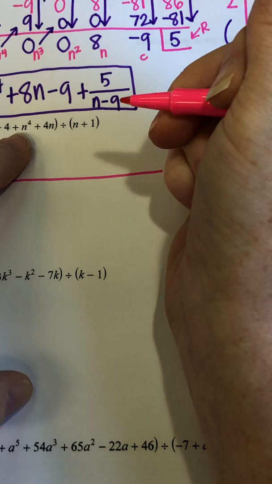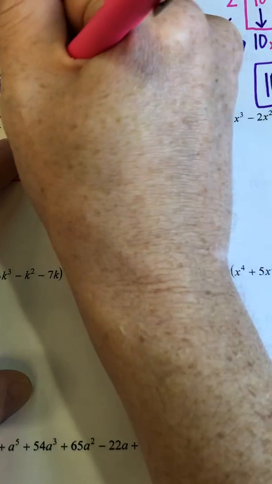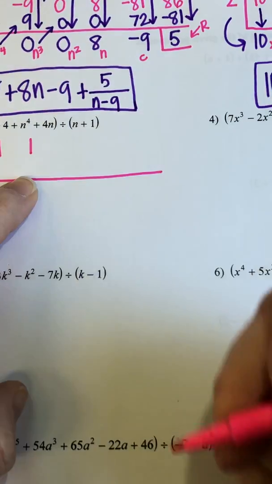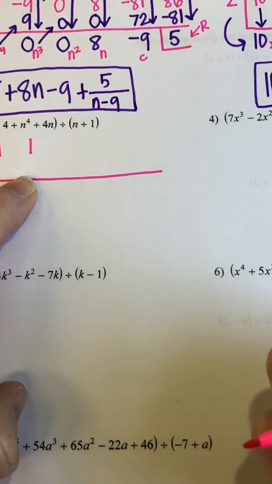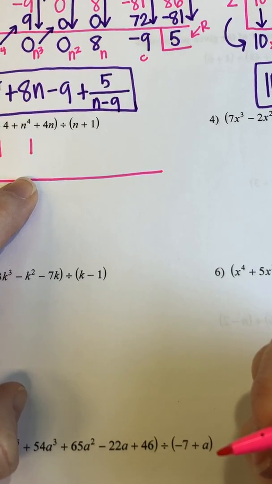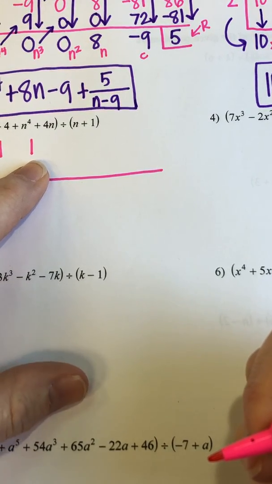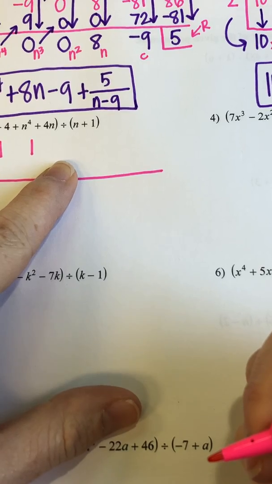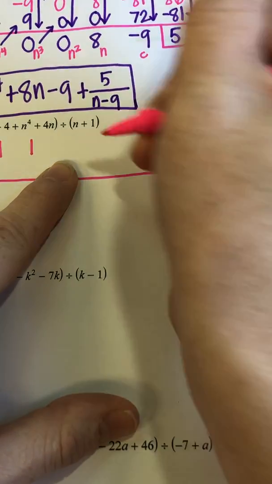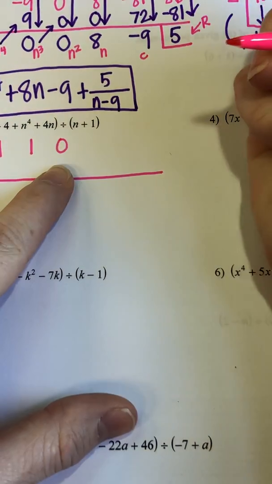No. 4. 4 is my next highest power. Its coefficient is also 1. What would the next highest power be? I've got highest power is 5, highest power is 4. So next would be third power. Do you see that? So I put a 0.